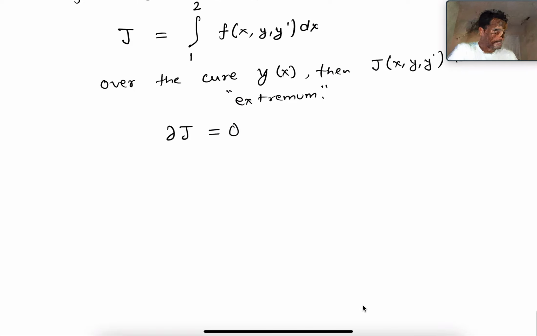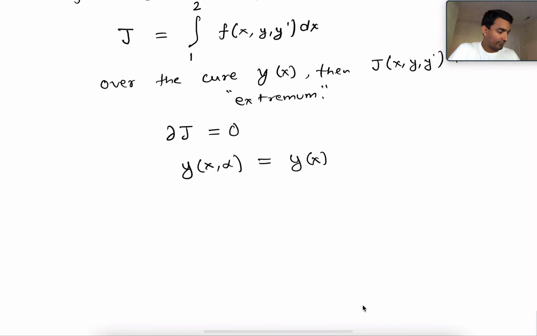So to do this, we'll first define a new function y of x, alpha. Now y of x, alpha is defined as y of x plus alpha times eta of x. So if alpha was equal to 0, then this term would equal 0.